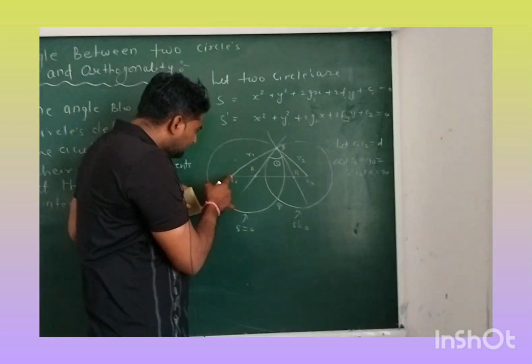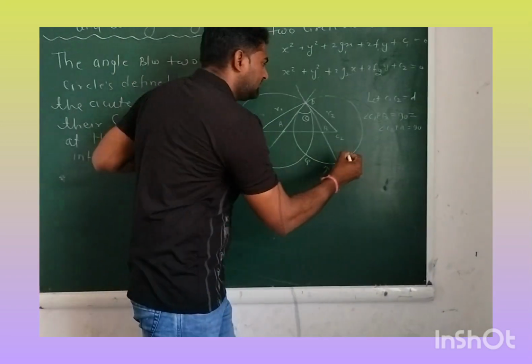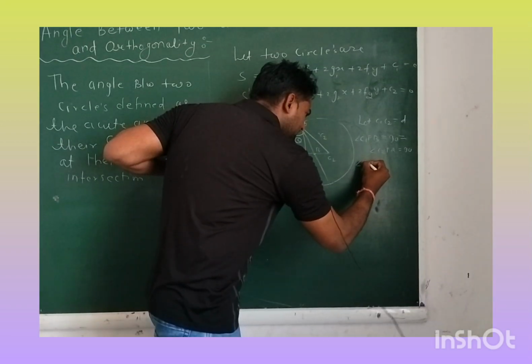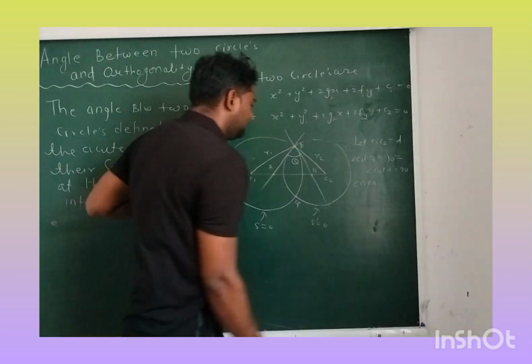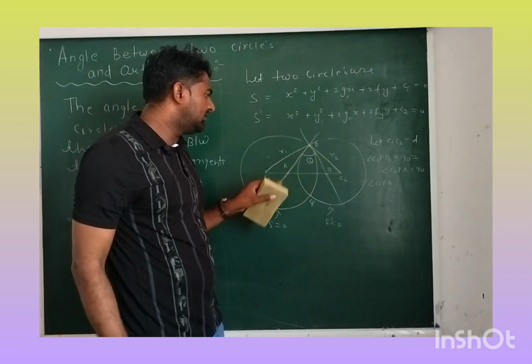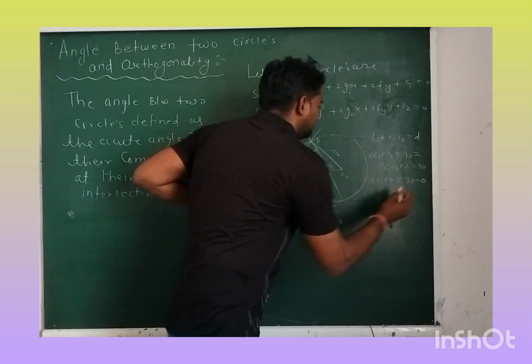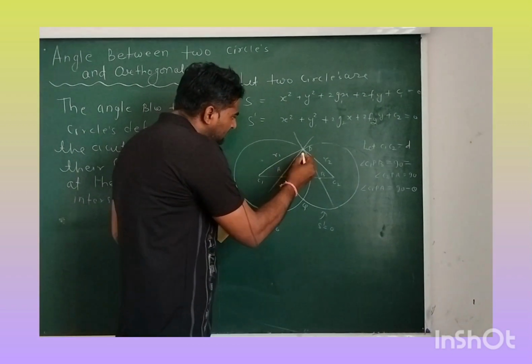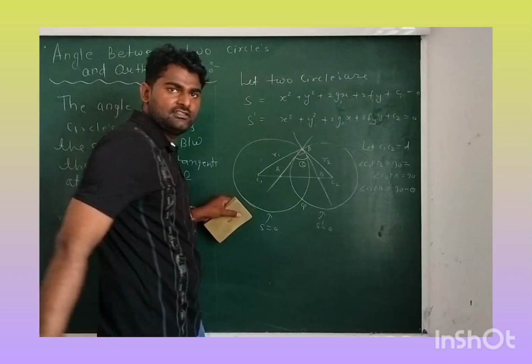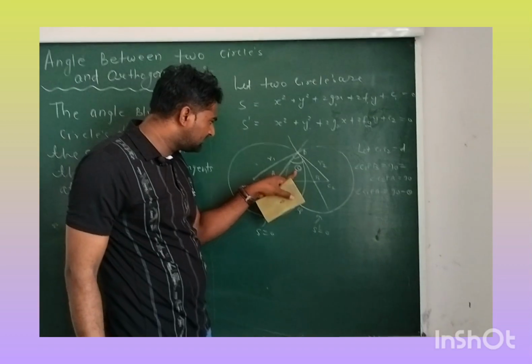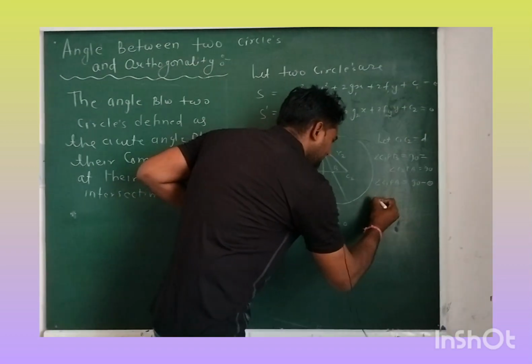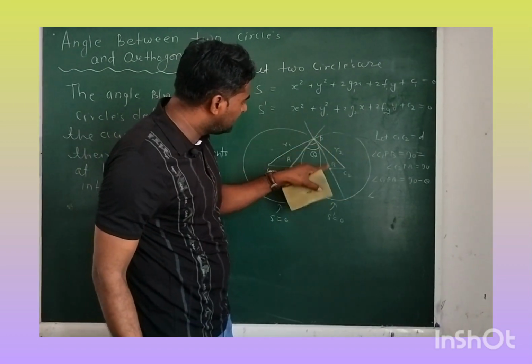Now we write here angle C1PA. C1PA is equal to 90 minus theta. See here this total angle is 90 degrees. So this is 90 minus theta. Similarly, we write angle C2PB.